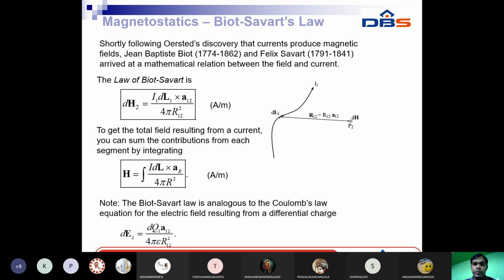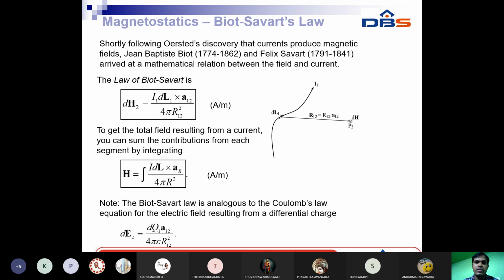We have to find the magnetic field intensity at a point P2 due to a line carrying a current I. Assume this is the line, a differential length has been considered here, and this line is carrying the current I1. Due to this current carrying conductor, what is the field intensity at point P2?